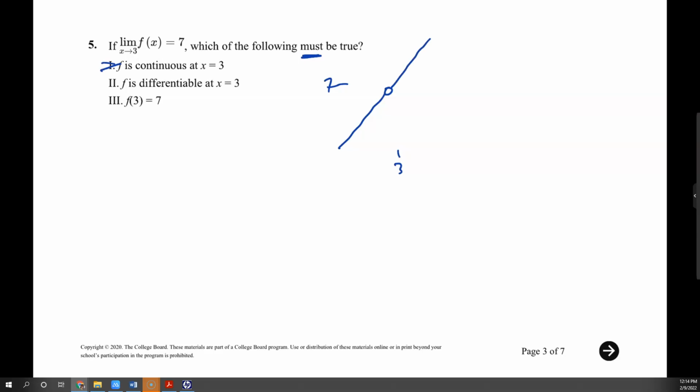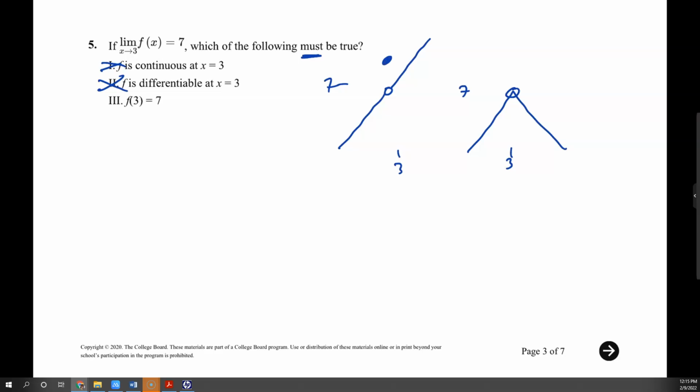So that's not true. Okay, could the limit exist and it not be differentiable? Yeah, I think so, because what if it's like an absolute value graph or something with a hole right there? That's not differentiable. Does f of 3 have to equal 7? Nah, what if my point is up there?